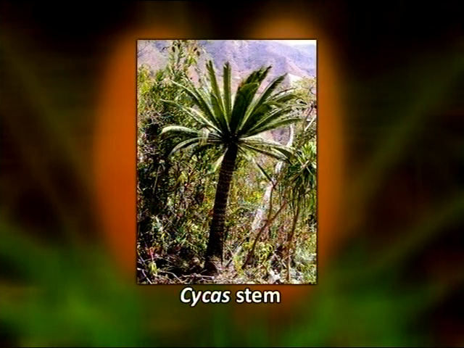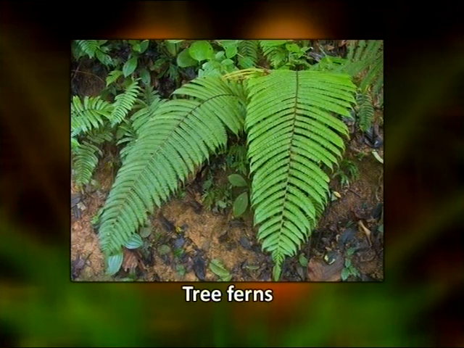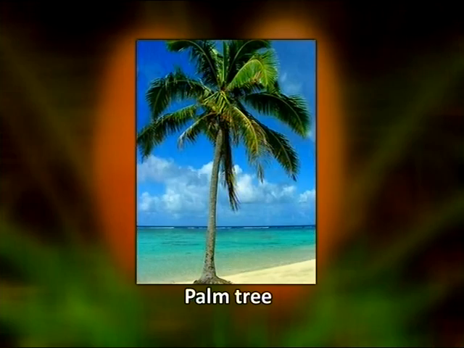The growth is very slow, but it lives to a great age. In the course of time, the stem builds up into an aerial, thick, columnar, normally unbranched trunk, from the summit of which arises a crown of large fern-like leaves. It resembles in its appearance the tree fern or some palms.